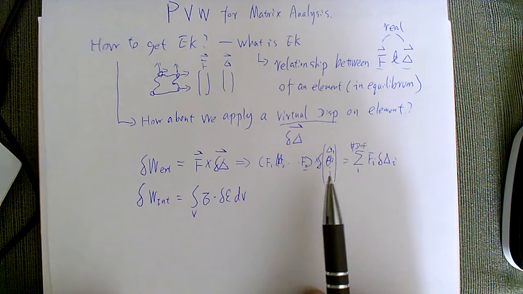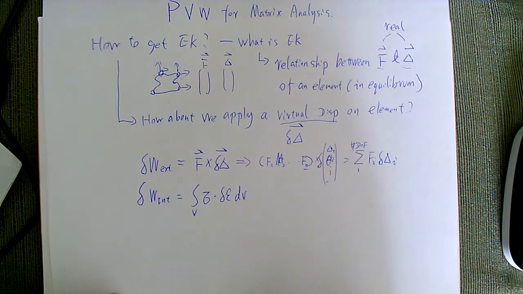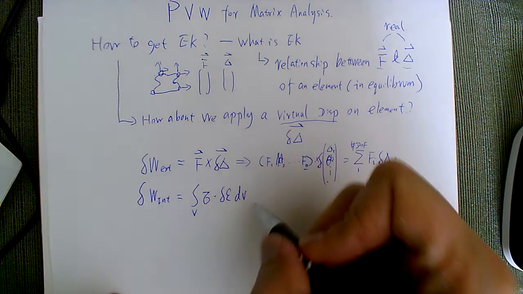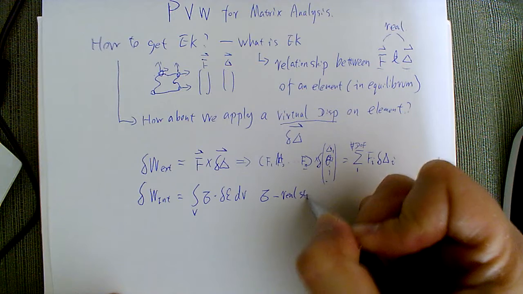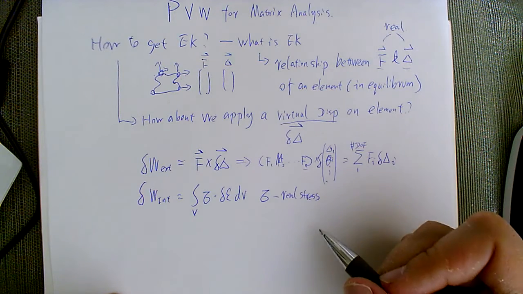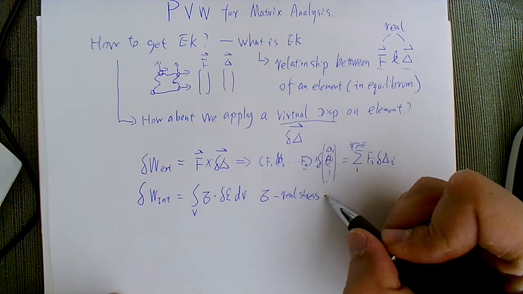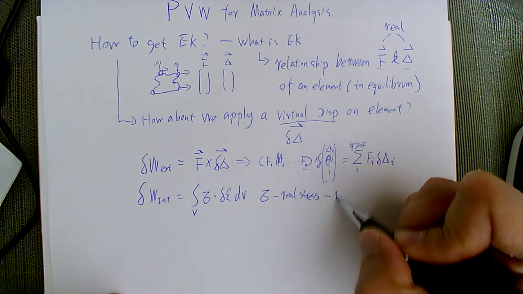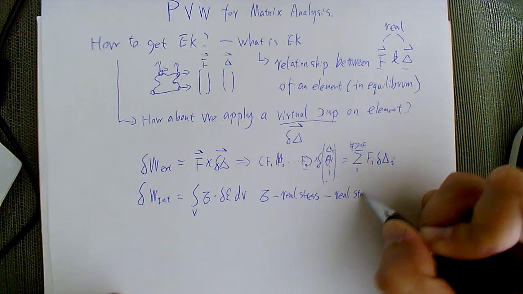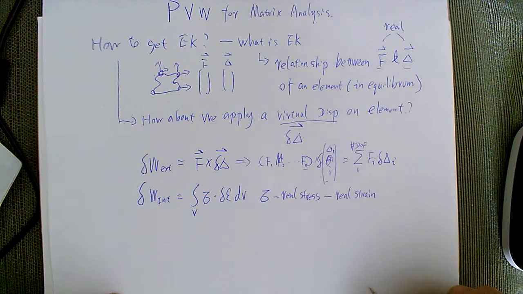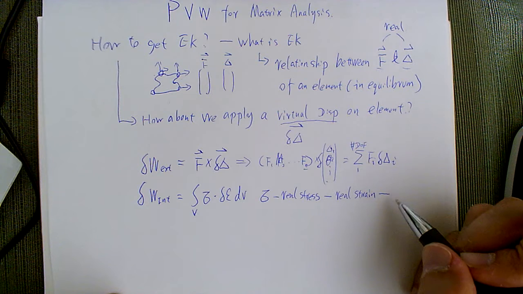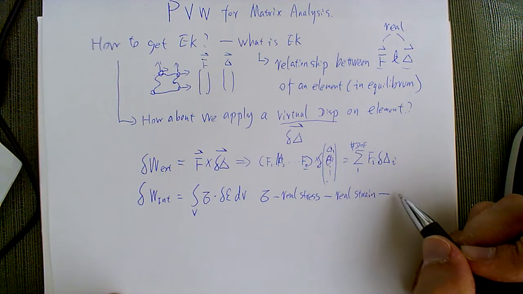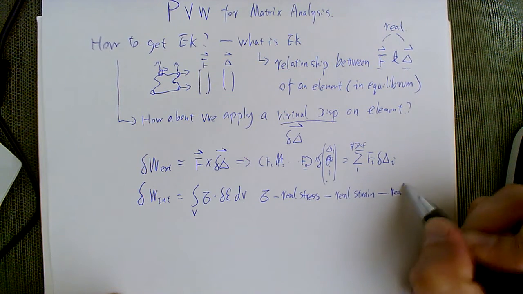But let's look at the big picture here. This guy is the real stress. Real stress, we can somehow calculate using real strain. And we can calculate real strain using the theory of infinitesimal strain with real displacement.